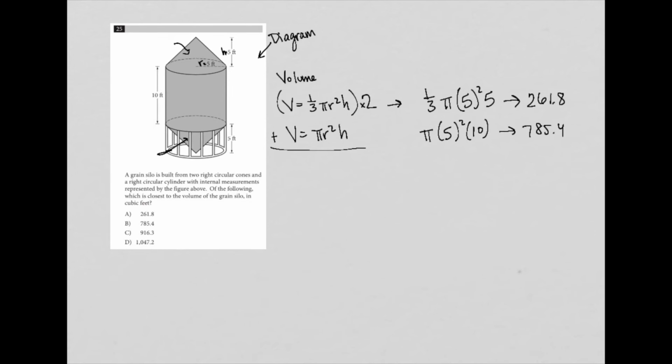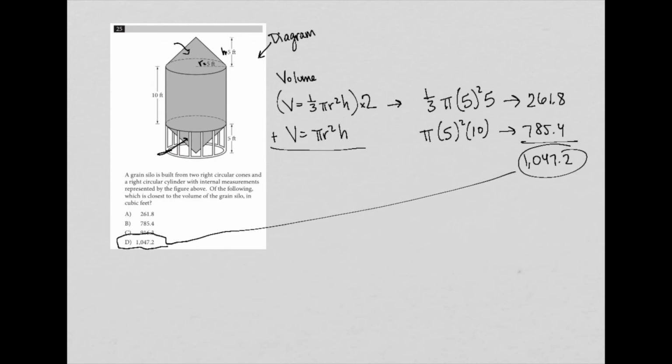I add those two together, 785.4 plus 261.8. And what I get is 1047.2, which is the exact answer as choice D.